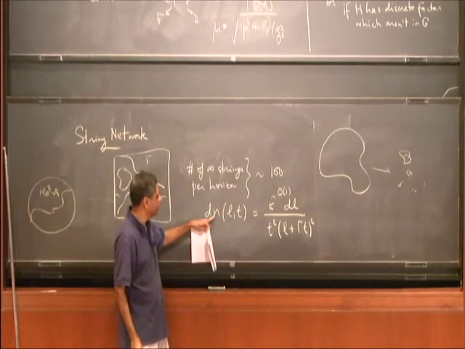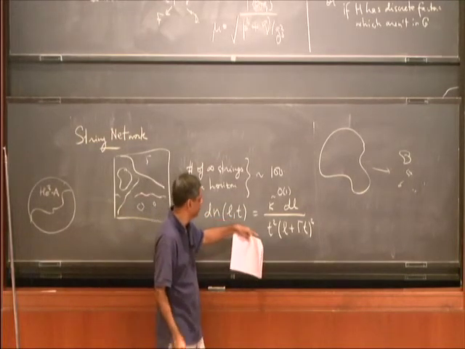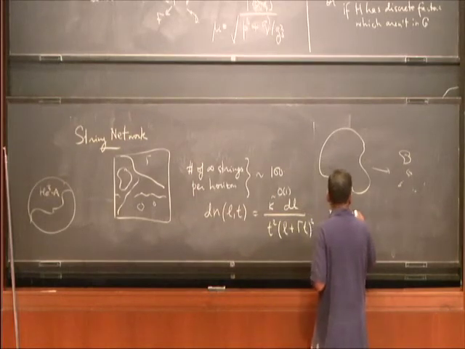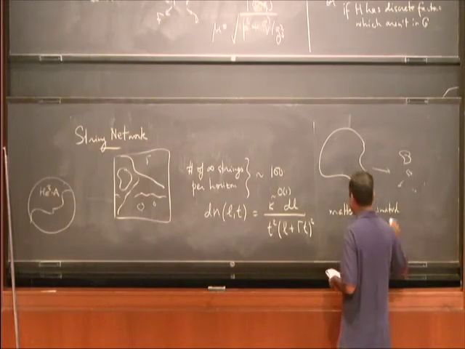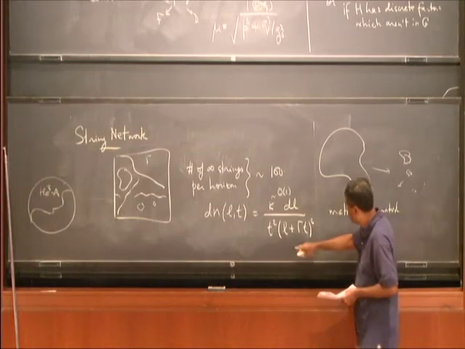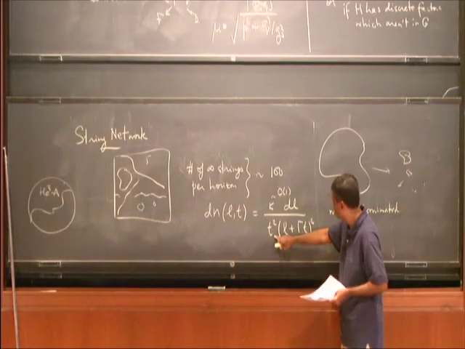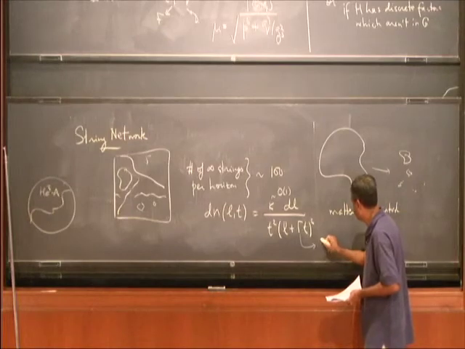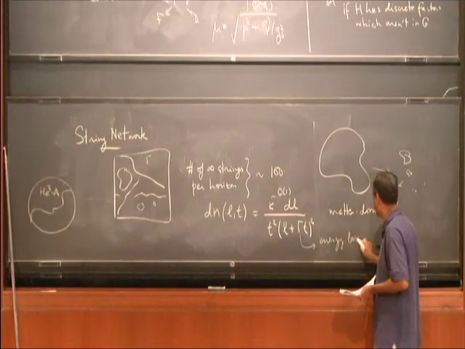This tells you the number density of loops of a given size L at a given time t, in the matter-dominated era. L, of course, is the length, t is the cosmic time at which you're looking, and gamma is the energy loss rate.